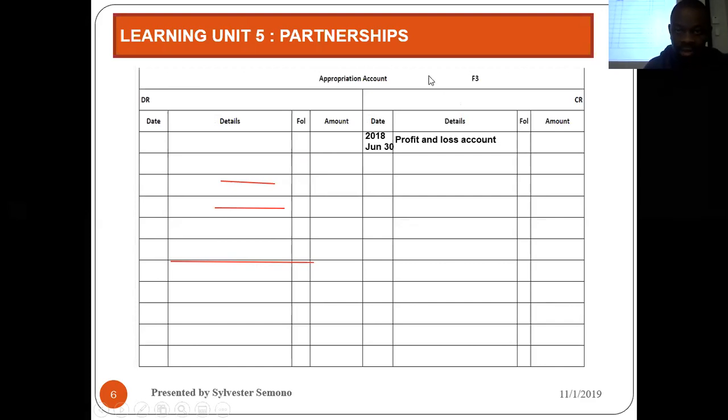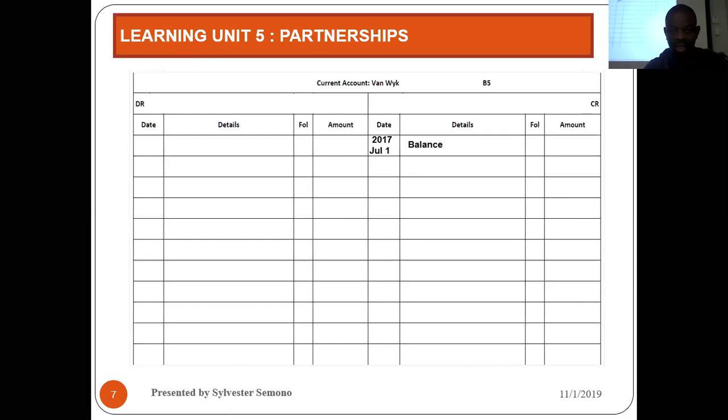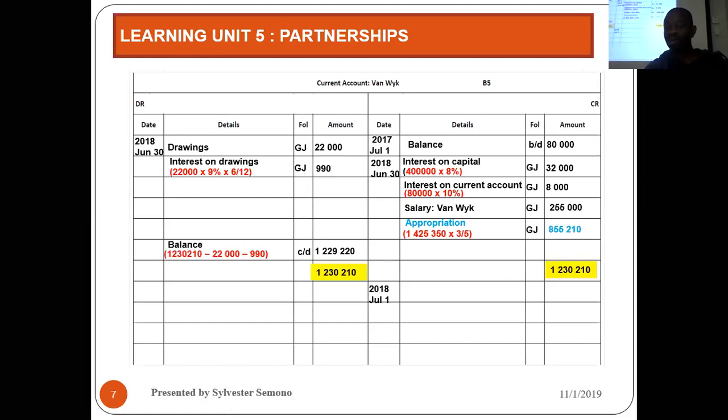Let me just check this quickly. We did this. Now, understood? Can you see this is how we balance it? I think maybe the figures are wrong, as long as we know the principle.